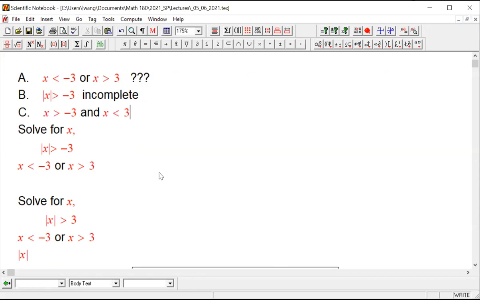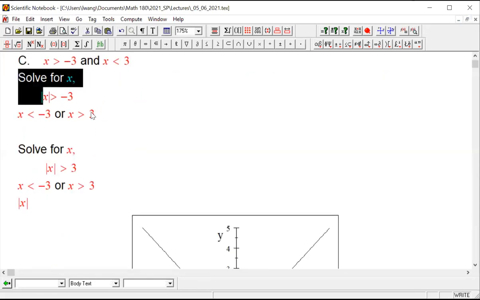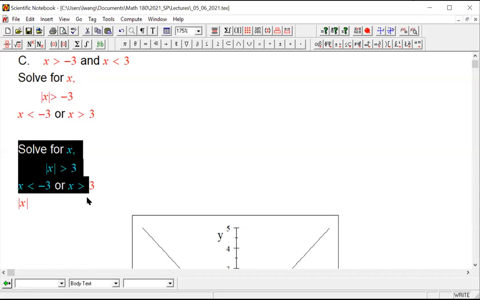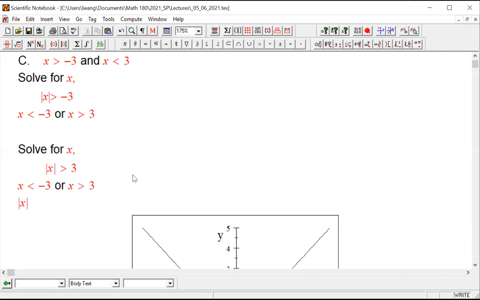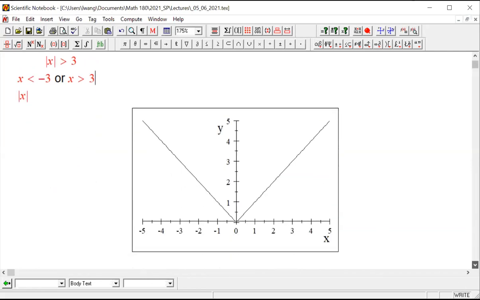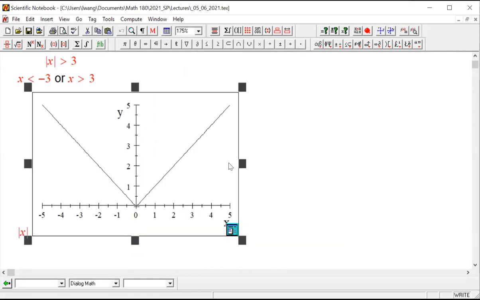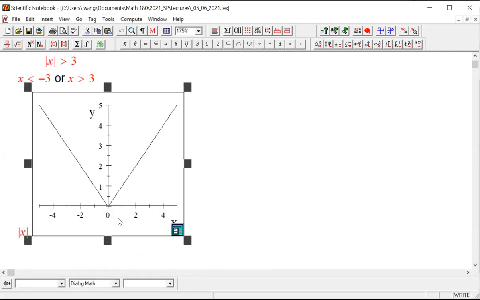Right now, I'm addressing the difference between these two. Now, if we have that picture in our mind, right?